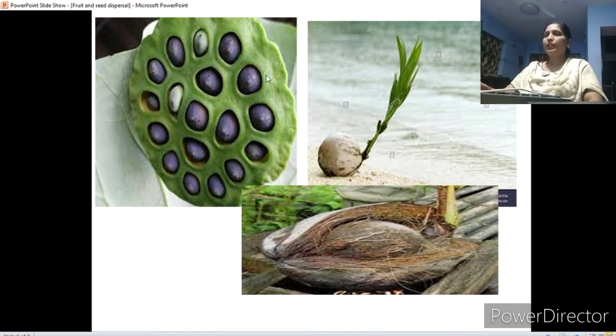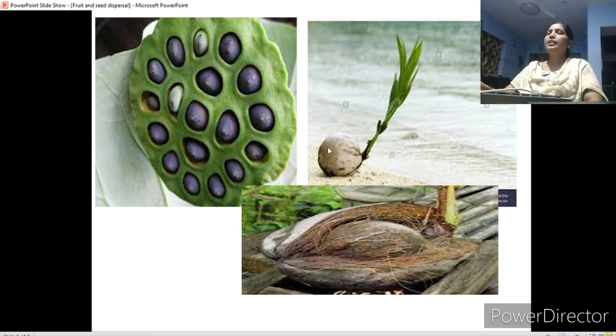And one more, the coconut plant. Coconut trees also grow near the seashores. The fibrous husk above the coconut makes it possible to move along with water. The hair-like fibre present above the coconut makes it possible to flow along with water.